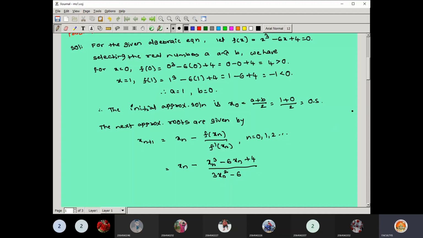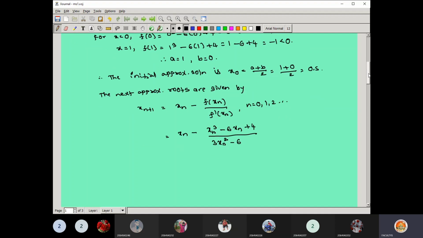Now you do the simplification by taking LCM so that you get the answer. It is xn into 3xn square minus 6, minus of xn cube minus 6xn plus 4, overall divided by 3xn square minus 6.